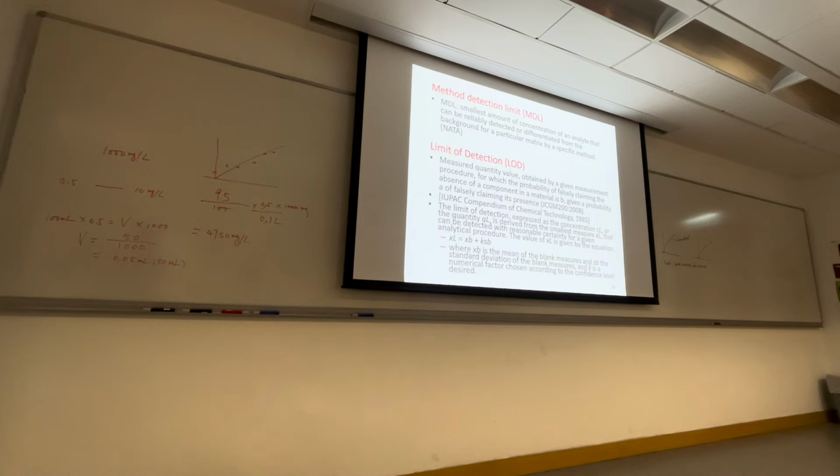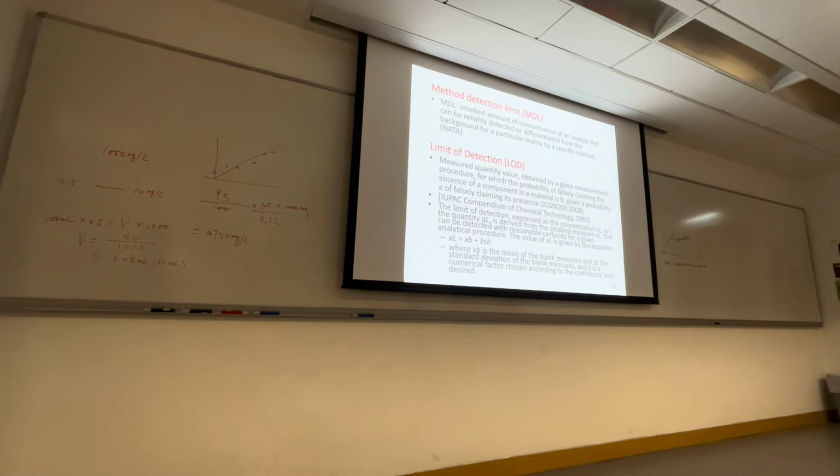That means at this cutoff, when the signal is larger than this cutoff signal, then any signal you detected is contributed by the analyte. Below the cutoff, you may still have the analyte, but the signal is lower than the cutoff, so you still say that we don't contain any analyte, okay?